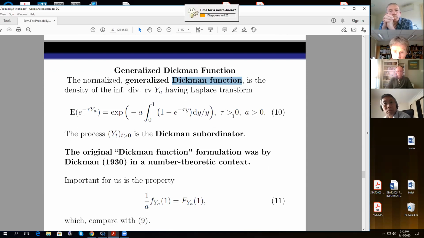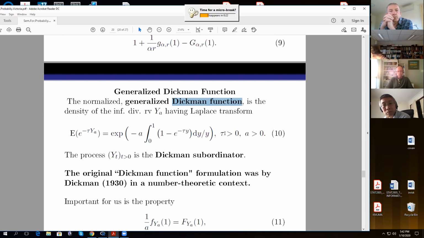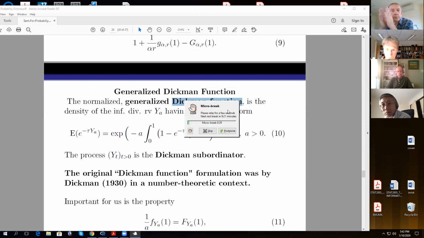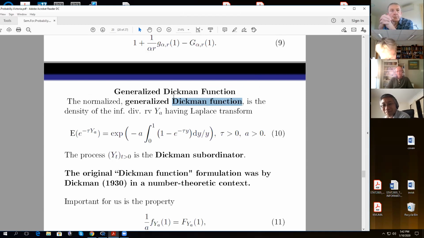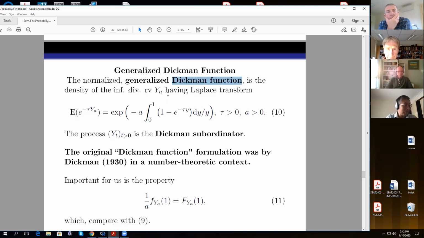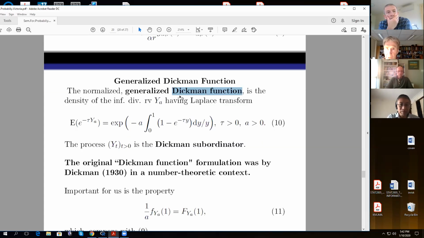So what is it? Well, my knowledge of number theory extends to this: if you take the number of positive integers less than or equal to a certain number with no prime divisors greater than a certain number, in other words, it's something to do with small prime divisors of numbers, and you normalize that in certain ways, and you take a limit, you get this thing called the Dickman function.